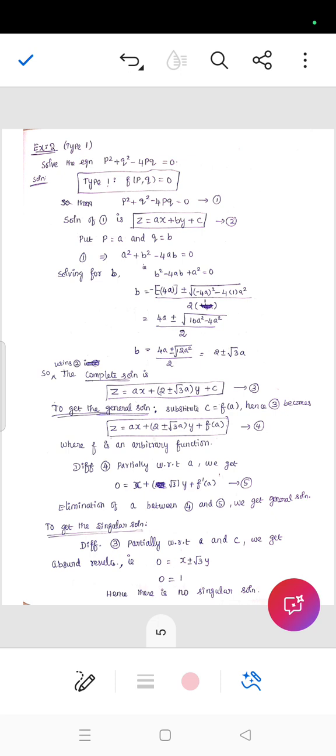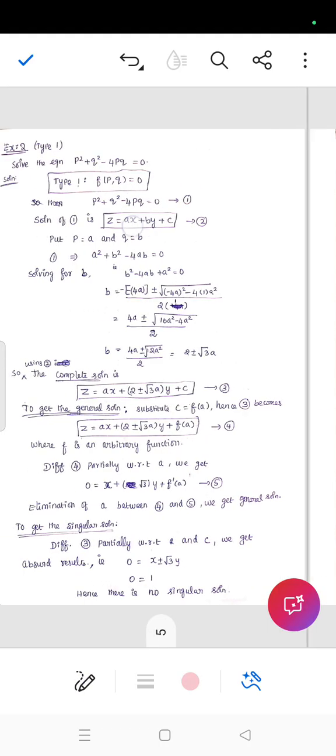First solution என்ன எழுதணும்? Is it equal to ax plus by plus c. So அப்போ equation என்ன ஆகும் அப்படின்னு பார்த்தீங்கன்னா put p equal to a and q equal to b போடும்போது நம்மளுக்கு given equation a square plus b square minus 4ab structure க்கு மாறிடும். சரியா?